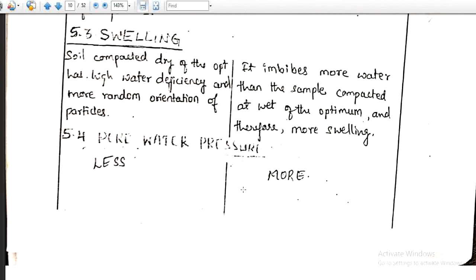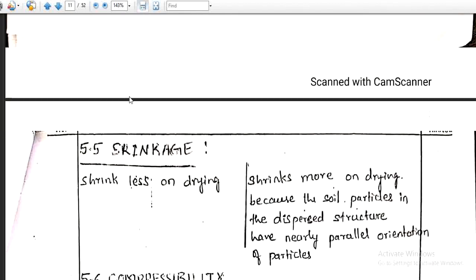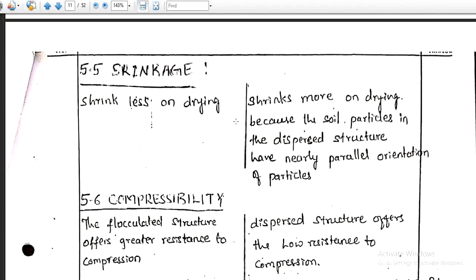Pore water pressure will be less in case of dry of optimum, and more in case of wet of optimum. Next, shrinkage. Shrinkage will be less in case of dry of optimum, and more in case of wet of optimum, as the water content is more.